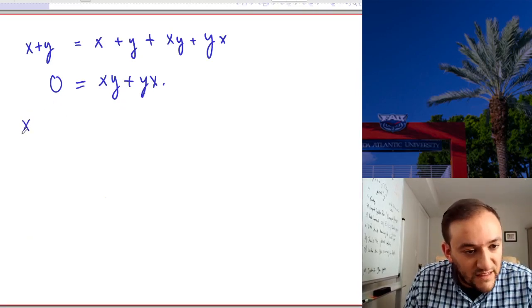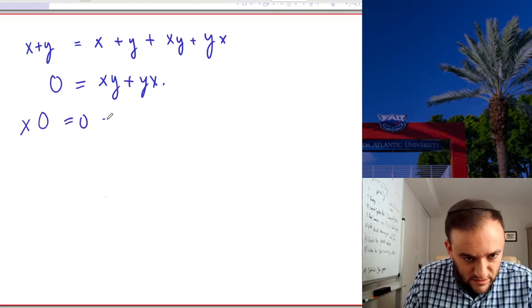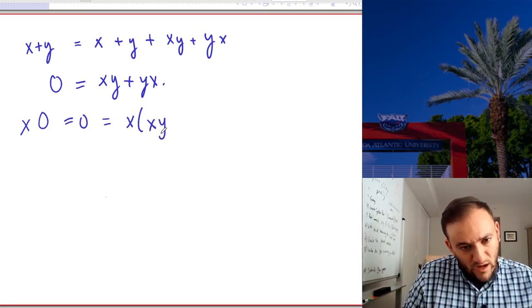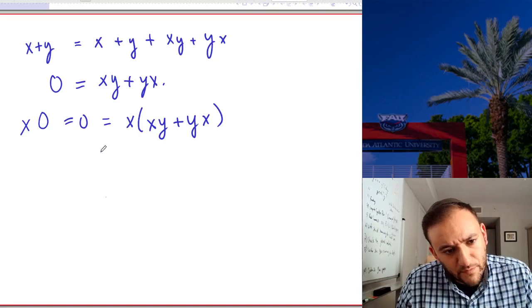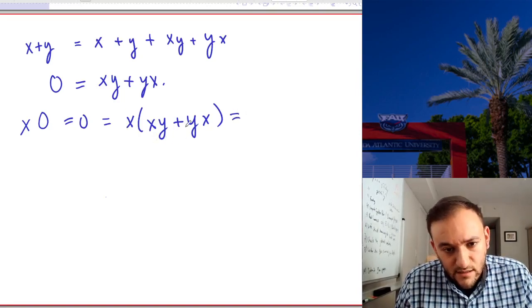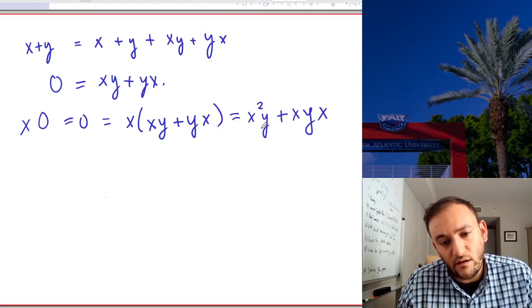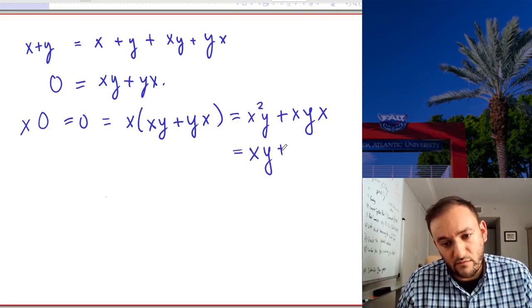So let's multiply on the left by x. Then x0 is equal to 0, obviously. On the right-hand side, we get x times xy plus yx, which gives x squared y plus xyx. Here x squared is plainly equal to x by the Boolean property, so we have xy plus xyx.